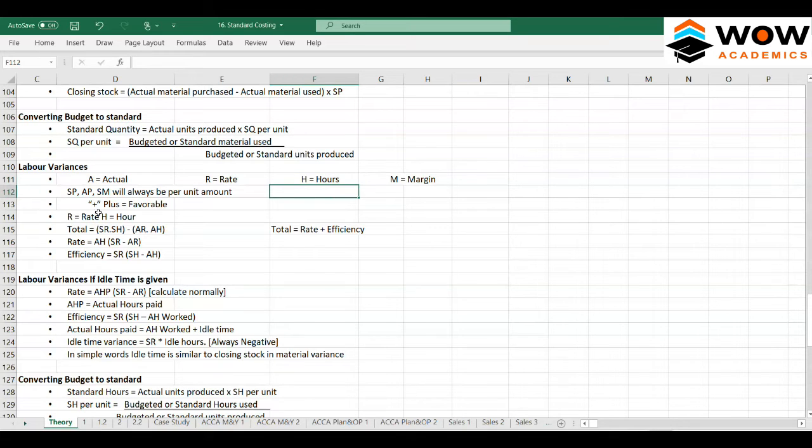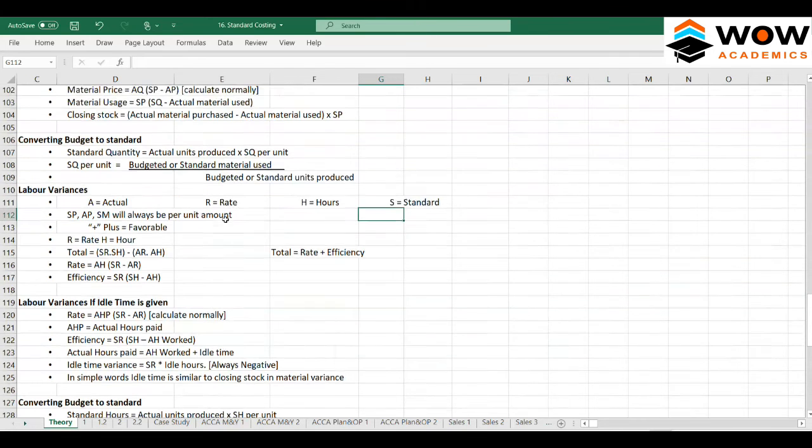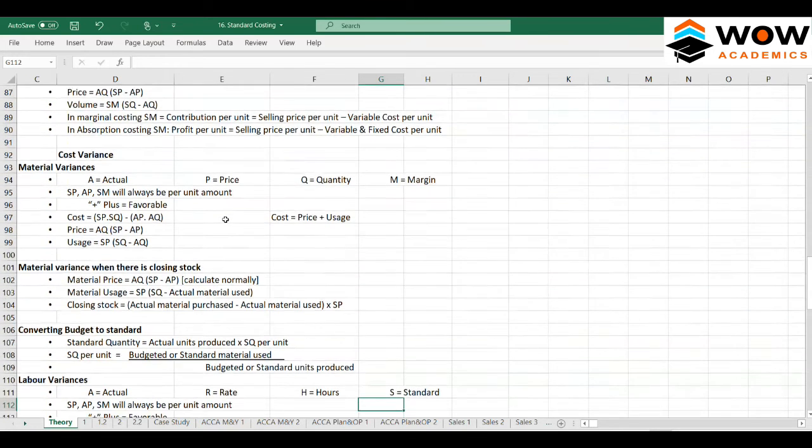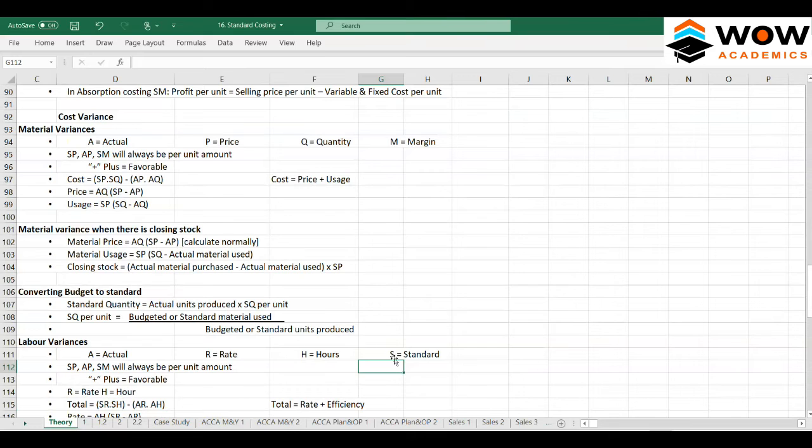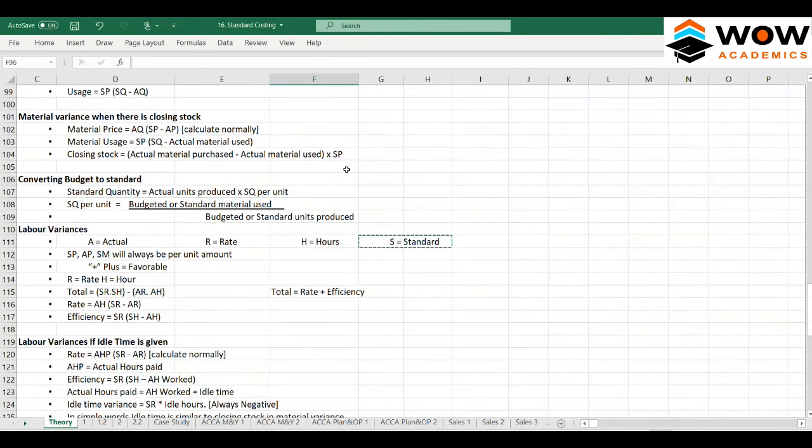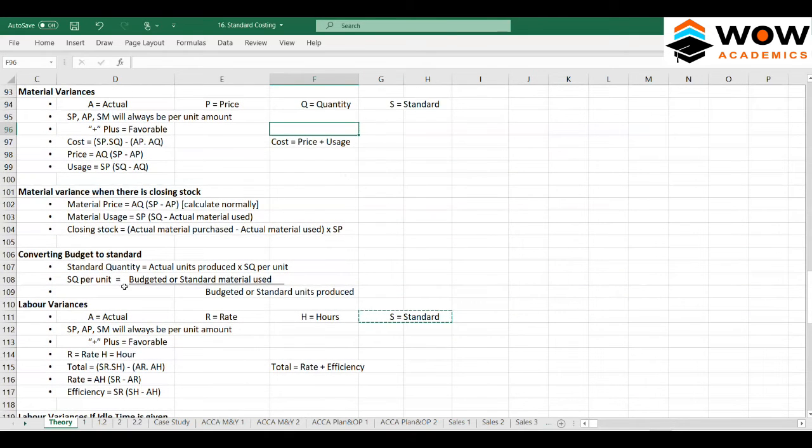S refers to standard. So this ratio is also not a new ratio.